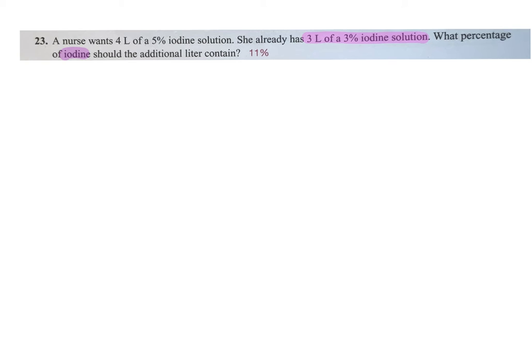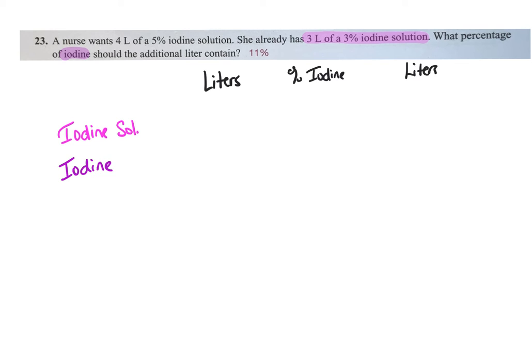And so my first one is going to be my iodine solution. And the second piece of this is going to be my iodine itself. And again, this is liters, so we're going to say liters of that percentage of iodine, and then liters of iodine.